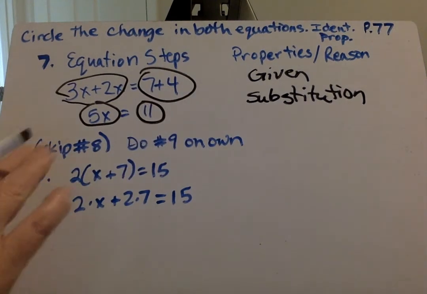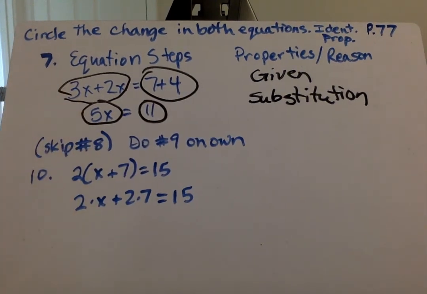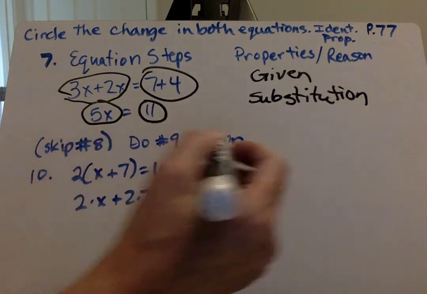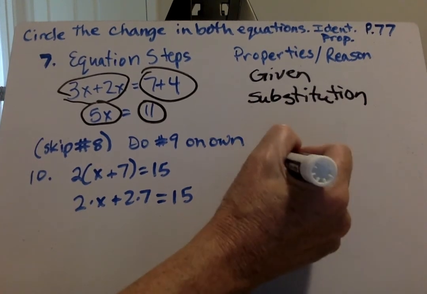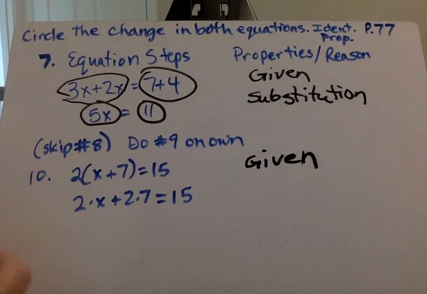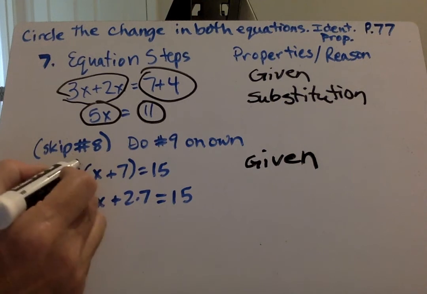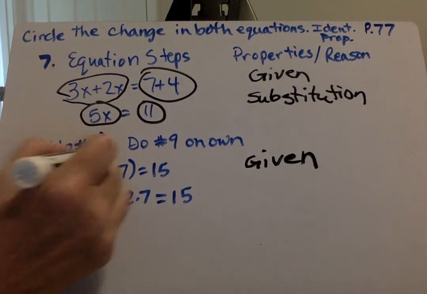Okay. I'm going to have you skip number 8 and have you do number 9 on your own. We can pause the video and I can make sure you can do number 9. We're going on to number 10 here. And again, what's the property or reason? First thing, we're given that. Next, we see that it went 2 times x plus 2 times 7.